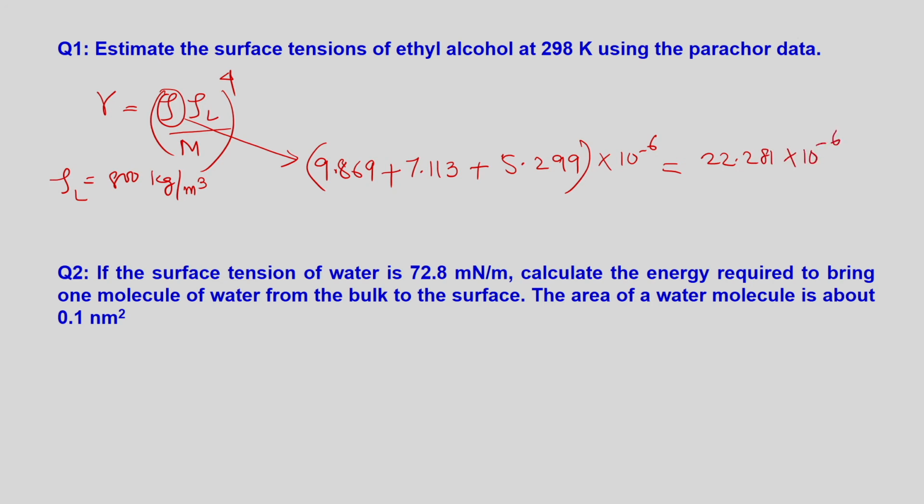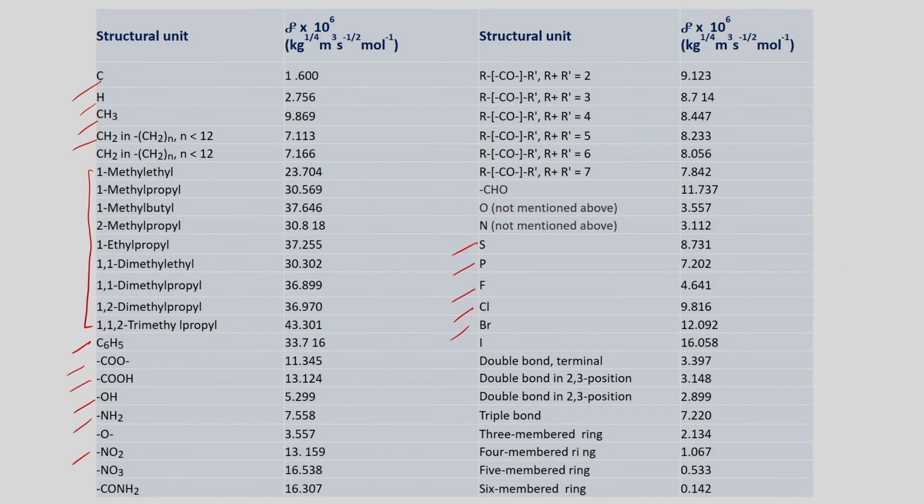Now, if you see from the previous table, 9.869, 7.113, just go to the previous slide. I am going to the previous slide and coming back. See, 9.869 is here. We said that ethanol has 3 groups. First is the methyl group, it is 9.869.